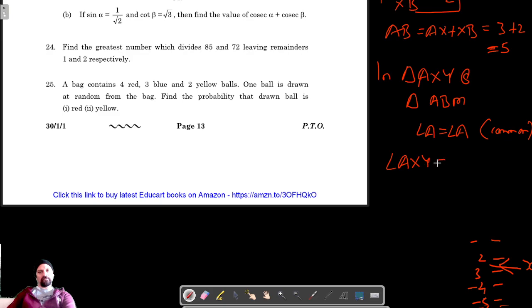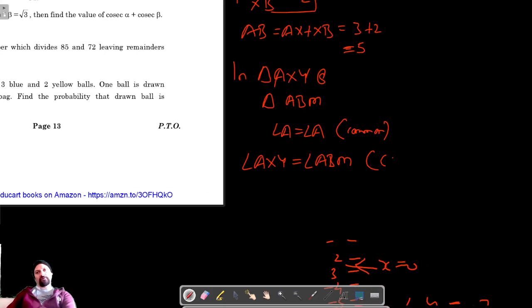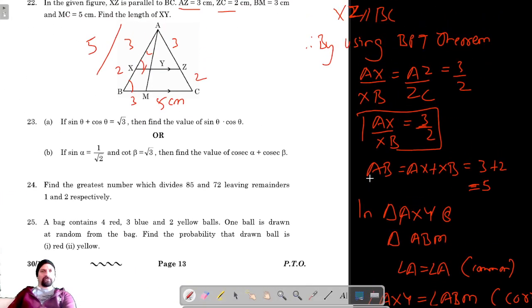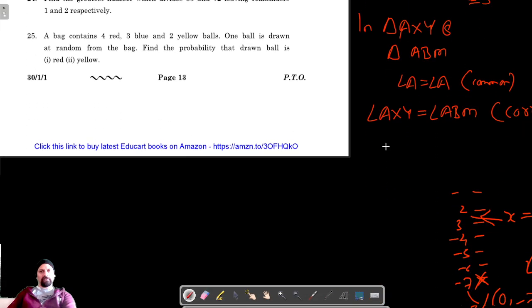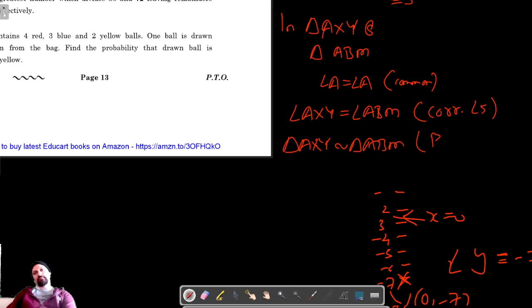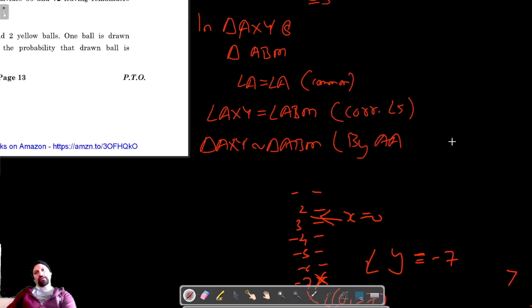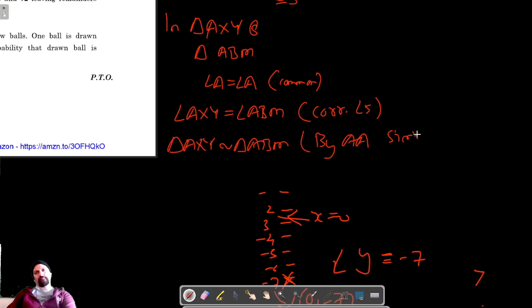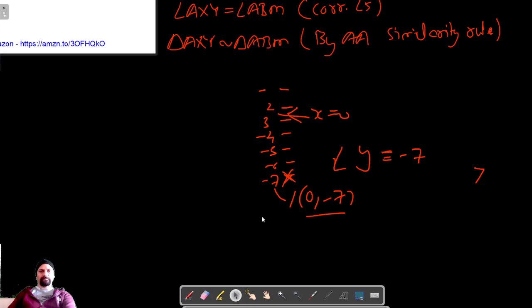So that means the triangle AXY is similar to triangle ABM by AA similarity.